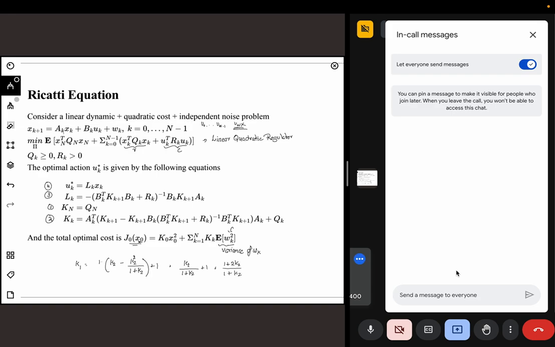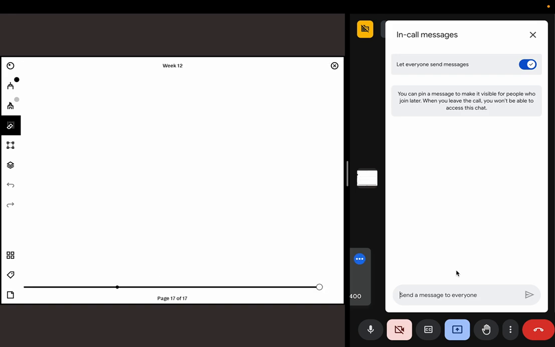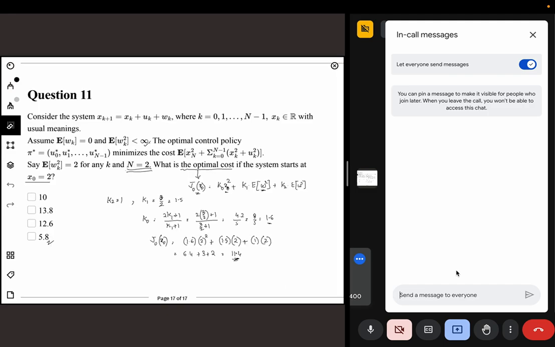So this is correct. The equation for k is correct. This is also correct. Maybe I have given some error in these options.